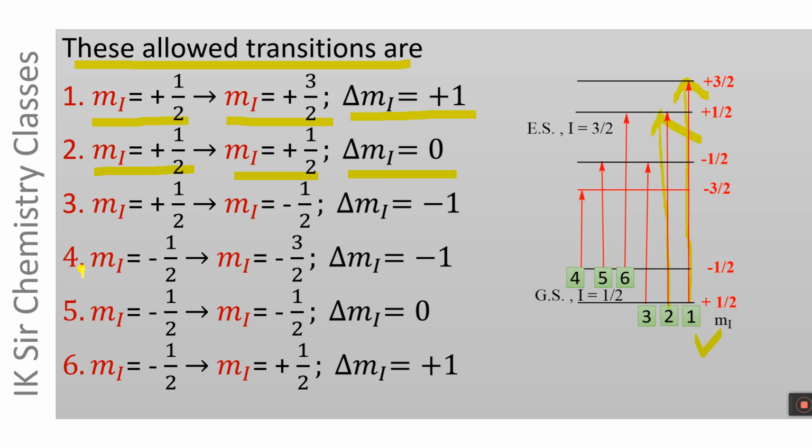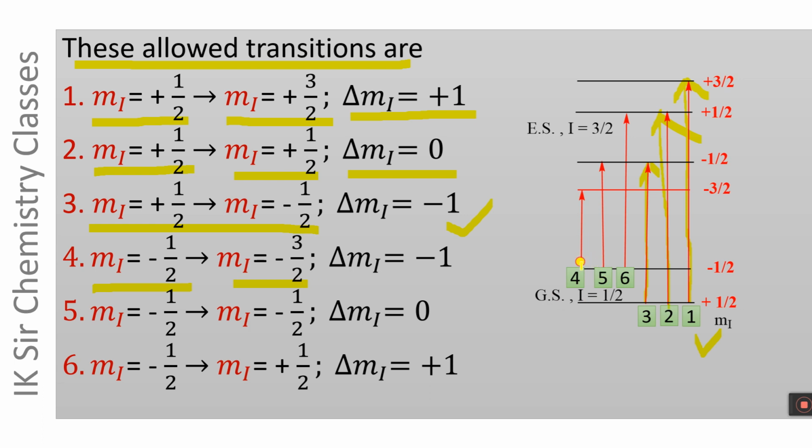The third transition is from m_I equals plus half to m_I equals minus half, involving delta m_I equals minus 1. Similarly, the fourth transition is from m_I equals minus half to m_I equals minus 3/2.